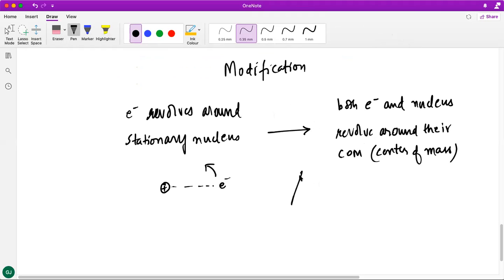Let's say you have a hollow triangle. Intuitively, can you replace this triangle by a point of the same mass?